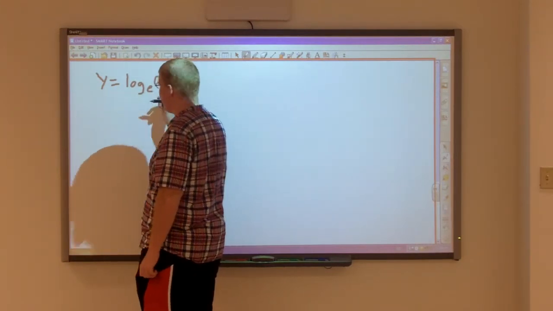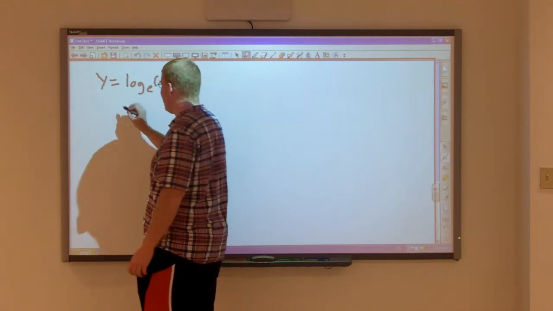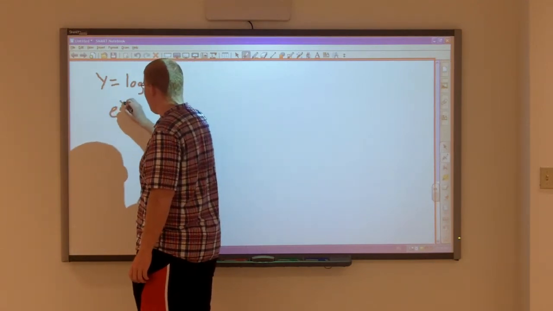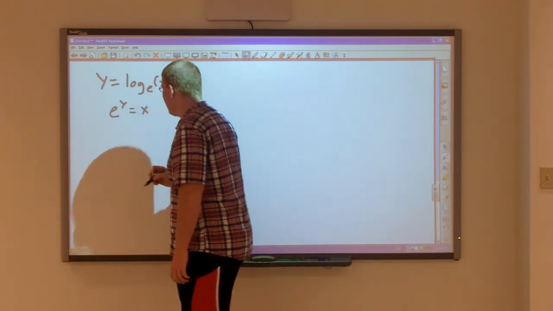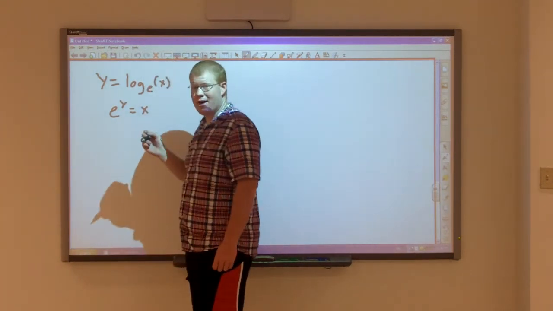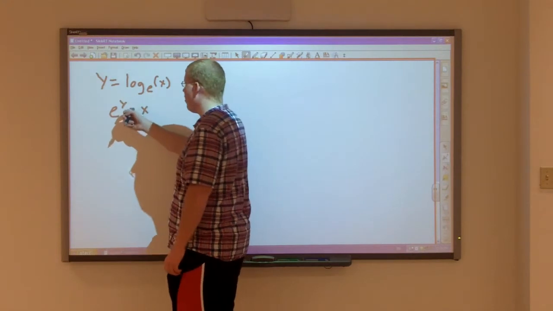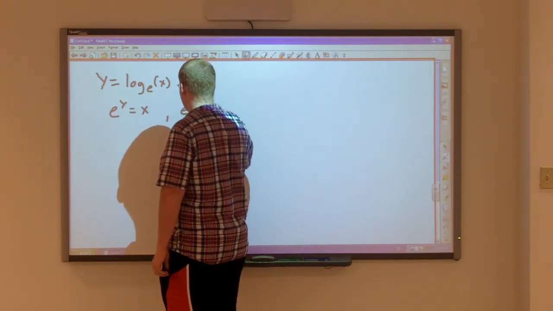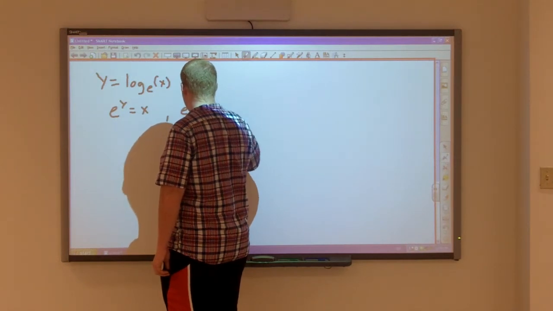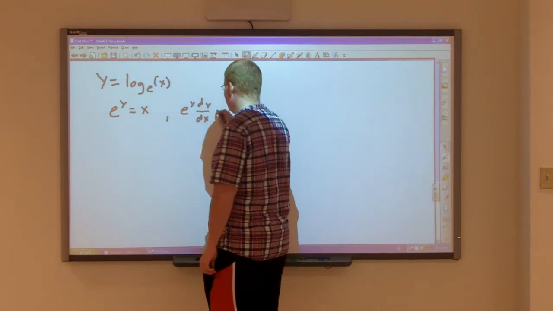We find that this equation can also be written as e to the y equals x. So we take the derivative of both sides. The derivative of e to the y is going to be e to the y dy/dx. And the derivative of x is equal to 1.